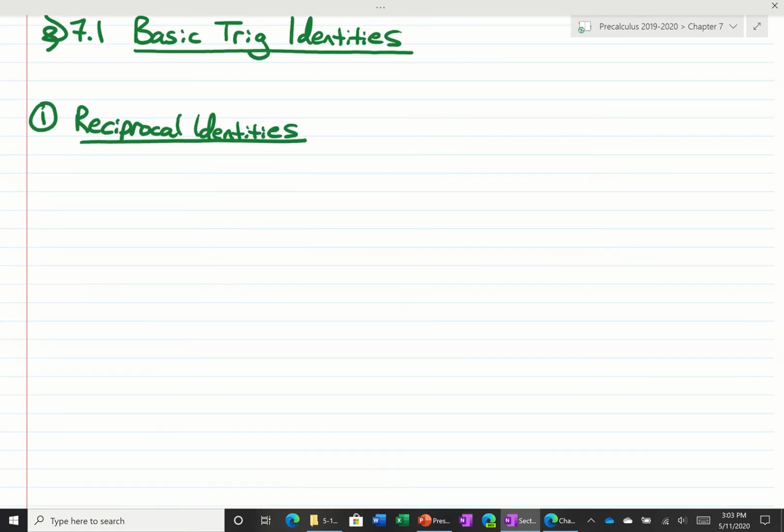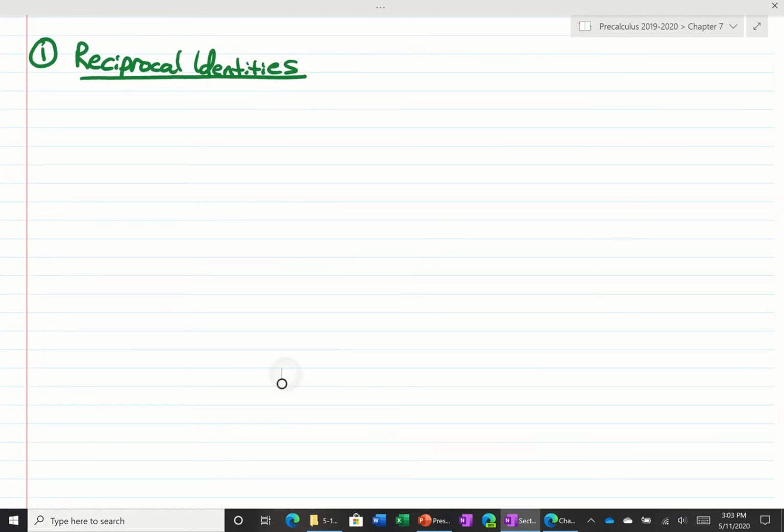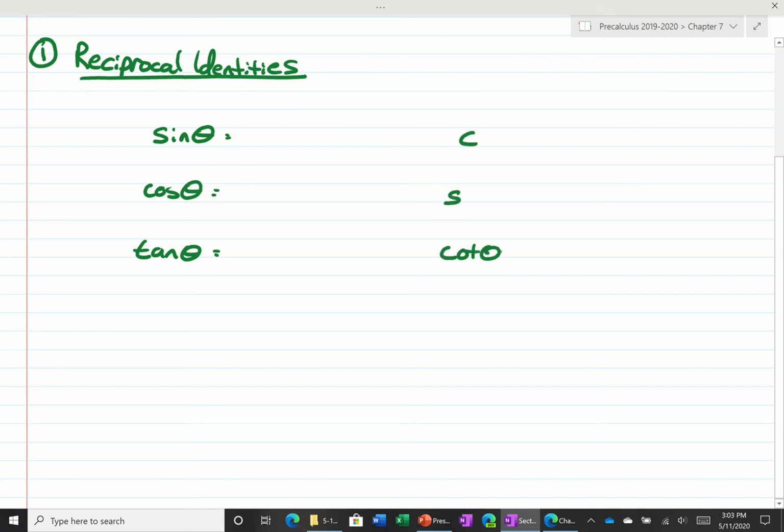And what the reciprocal identities are, remember we have the 6 trig functions. We have sine, cosine, and tangent. We have the other three, C, S, C. And what reciprocal means is that sine is 1 over the cosecant.